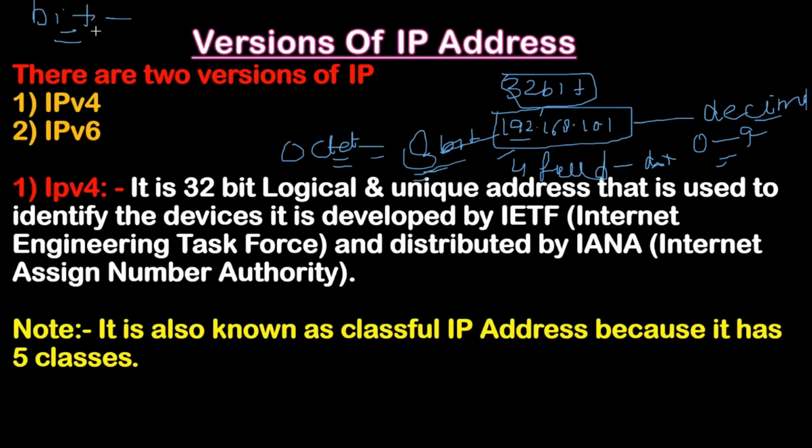Actually, 0 and 1 means binary language, which is a machine language. Every time you put any data or send any data to your computer, that time it is converted into binary format, into 0 and 1 form. So a digit 0 or 1 is equal to 1 bit. Suppose I type hello here, that will be converted into binary like 0, 1, 1, 1.